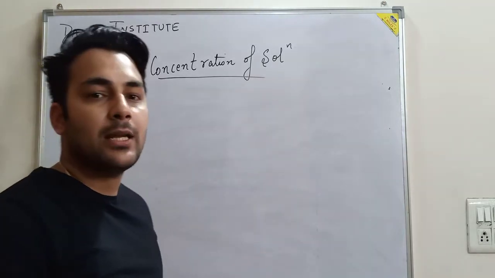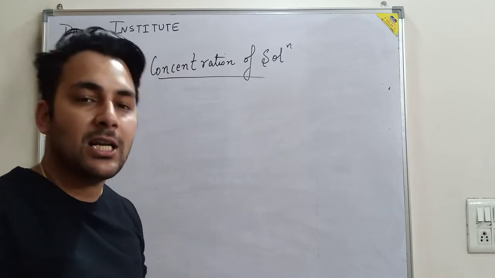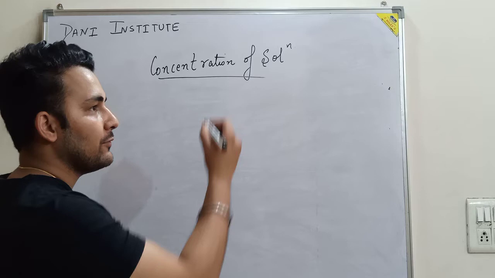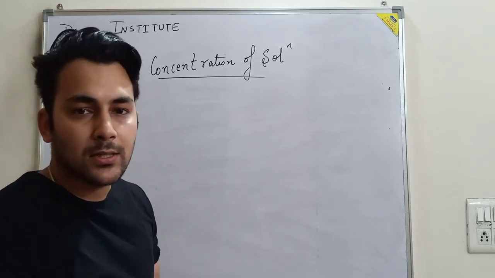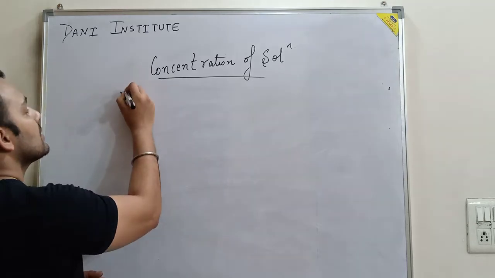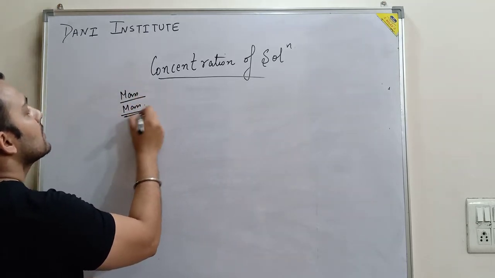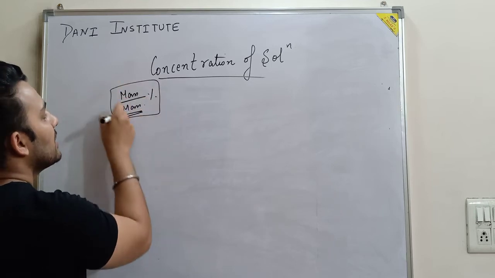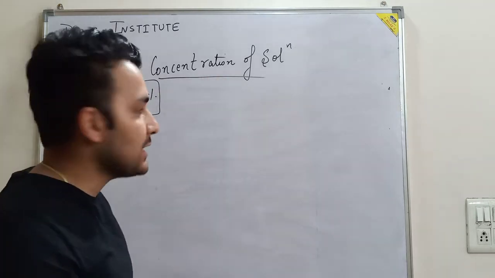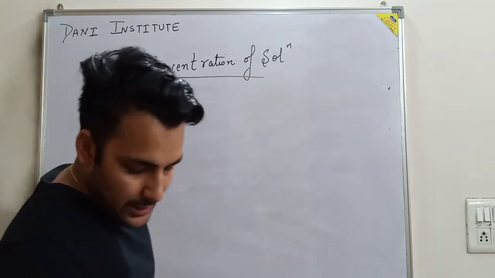The first numerical that we have done is related with the mass percent. Now, let us suppose mass by mass percent formula is there. We have to apply the mass by mass percent formula in the next numerical. The numerical is what?